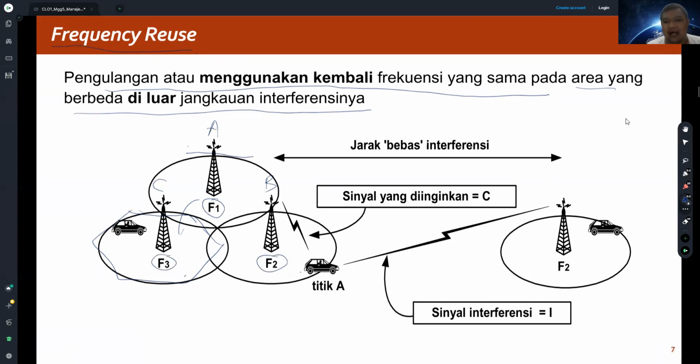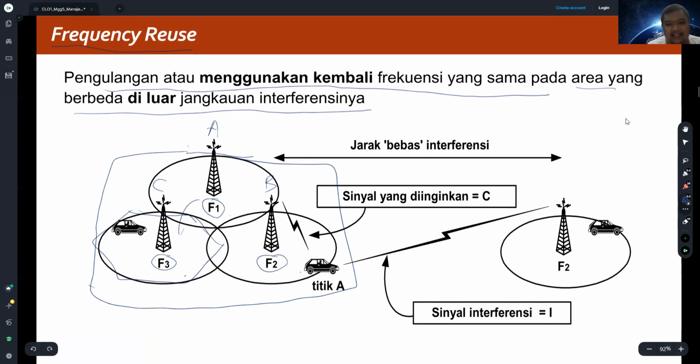A group of towers that have different frequencies is what we call a cluster. So a cluster is a group of many towers that has no same frequency within that group.